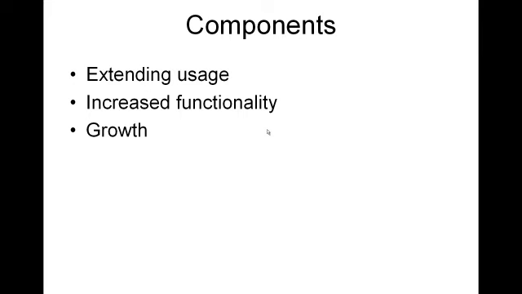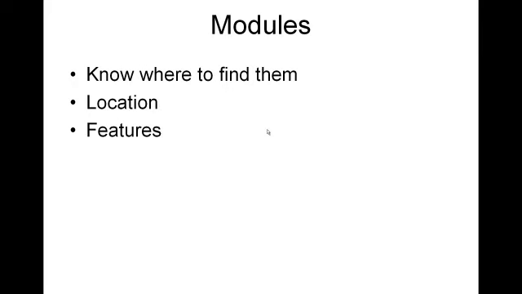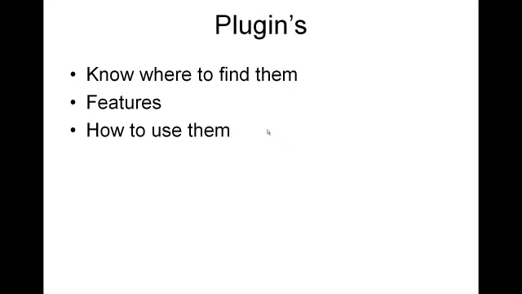Looking at menu manager and how we link to articles and categories. And components, what are they for? Modules, knowing what they are and how they work with your template. And then plugins, using them to extend the features of your web pages on Joomla, and then backing up.